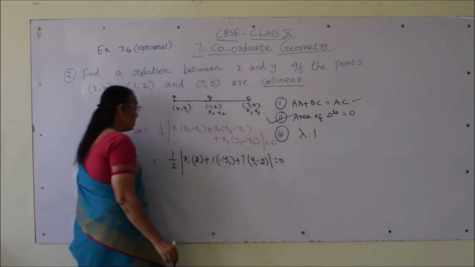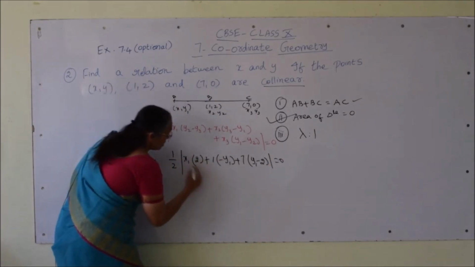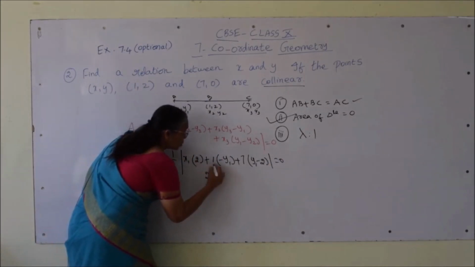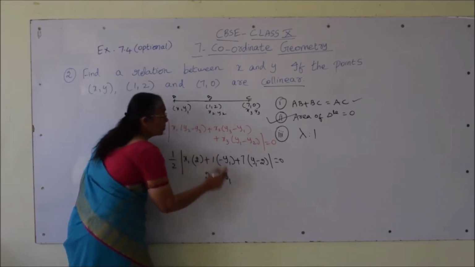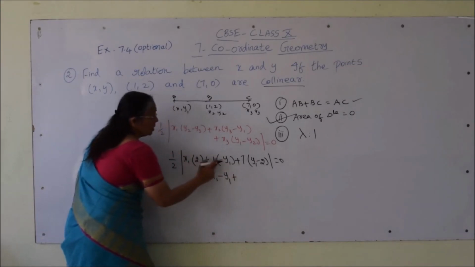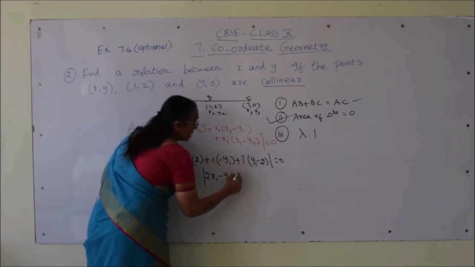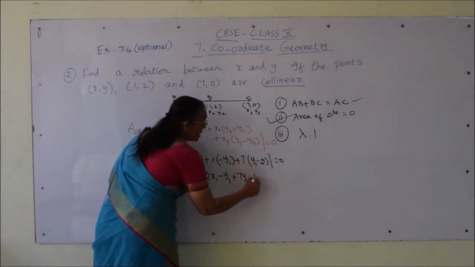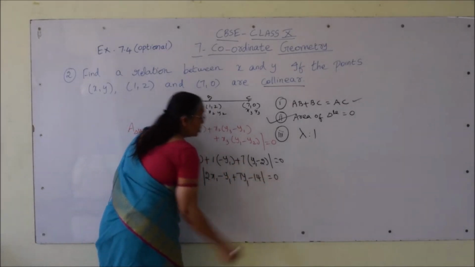So, this is equal to 0. Half cannot be 0, so we will get 2x1 minus y1 plus 7y1 minus 14 is equal to 0.